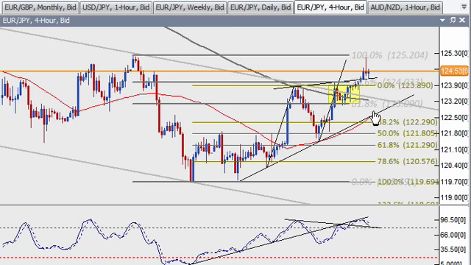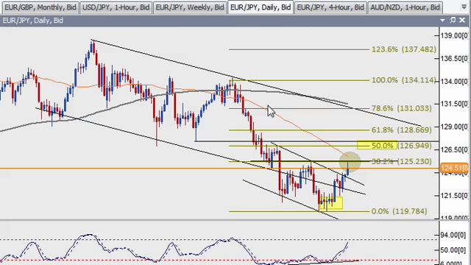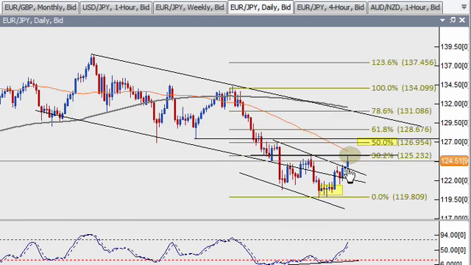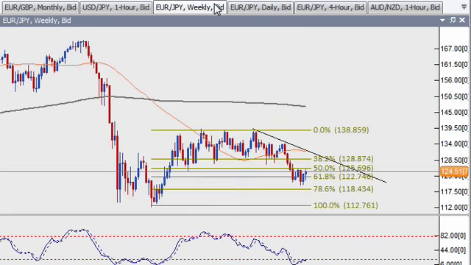Now for confirmation, you want to see this market break below this rising trend line, and if that happens, we may retest our support in the declining channel, which is this new channel here. So I would look for it to retest this previous bottom, and if that breaks, then I would look at it to go to the 118.50 area.